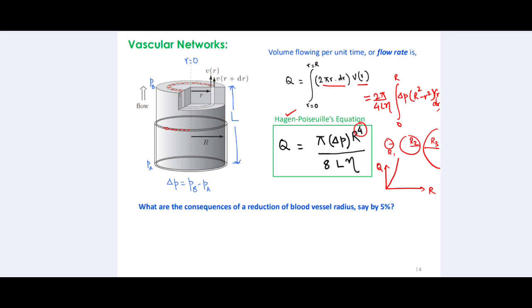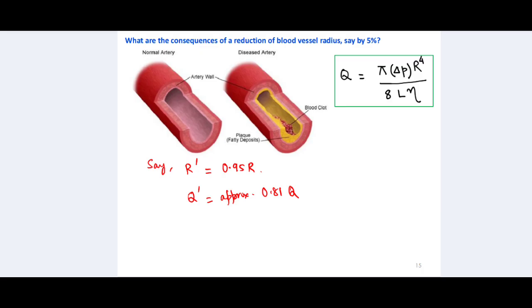But the point is, let's say I have one situation where my blood vessel shrinks. Okay, this is a situation we are all afraid of. After a certain age, if you're not eating right, chances are all these things might deposit in your blood vessels, right?